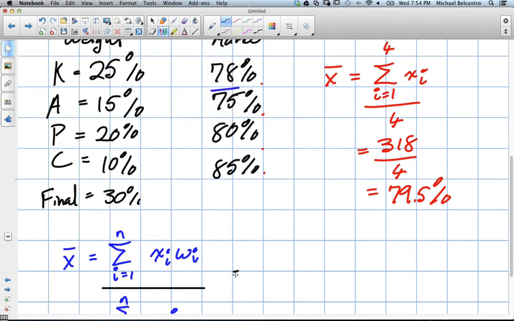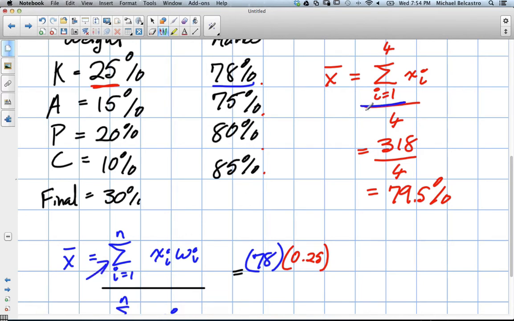So what this means is x bar. So our very first case, I'll try to color code everything. 78 multiplied by our weighting, which is 0.25. Does that make sense? Now, this means the sum of. So we did this all in the calculator. I didn't actually type it all out. But the next thing we need to add this to. Okay, so we're going to add this.